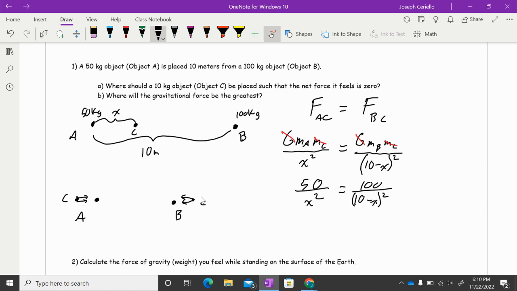Okay, now you might have to assess on a multiple choice question which position would give you a greater force of gravity, to the left of A or to the right of B, but you know it's going to be outside those two, because again, when you're to the left or to the right of A and B here, the forces of gravity help one another.